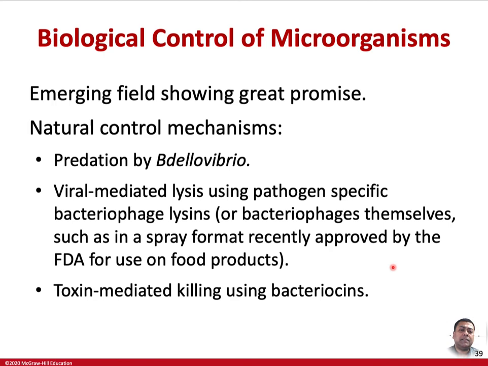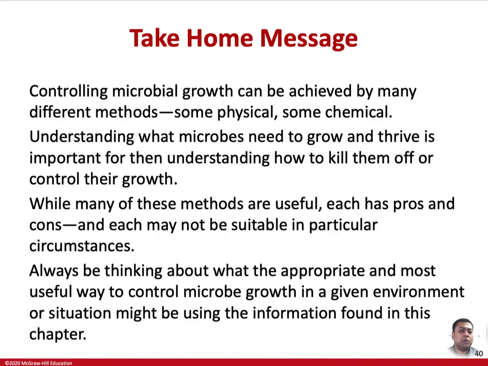Also, in the environment, many bacteria produce bacteriocins, which are basically toxins produced by microorganisms to compete with and kill other invading microorganisms, and these can be utilized as well. Another example is a bacterial protein called depolymerase, which can be utilized to remove biofilms. These are some of the biological controls of microorganisms and show great promise, and probably we will see them much more in the future.